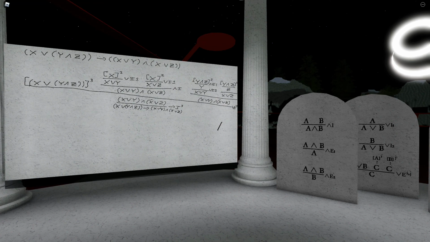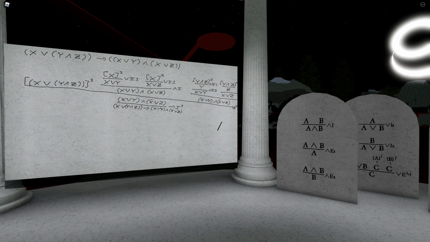Previously my conclusion was x or y and x or z. That's no longer my conclusion. My conclusion is now x or y and z implies x or y and x or z. And because the antecedent of that conditional is x or y and z, I am able to remove my assumption of x or y and z from the leaves of my proof.